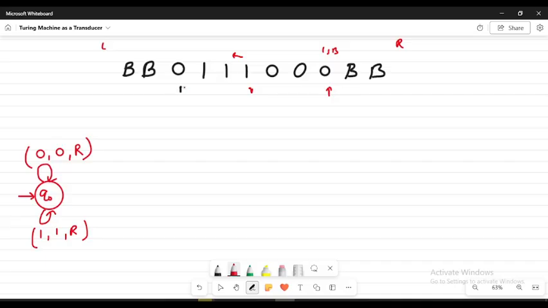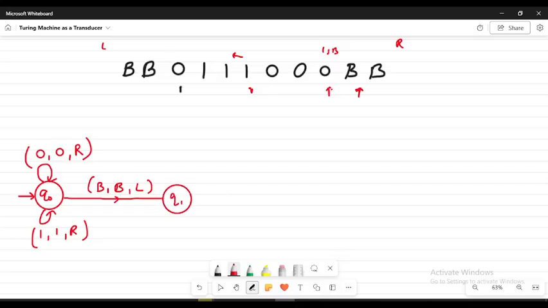Your read-write head will keep on traversing unless and until you hit the blank. When you hit the blank, keep that blank as it is. Now you have crossed all the zeros and ones. Now turn left, and now you are standing at Q1.